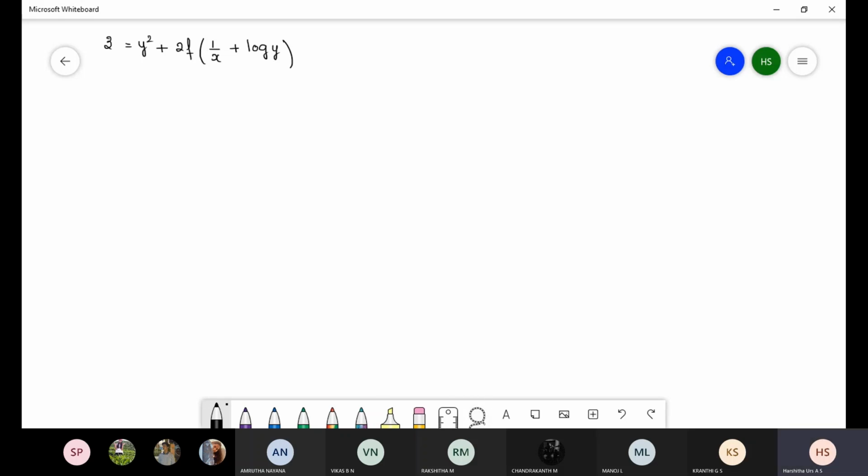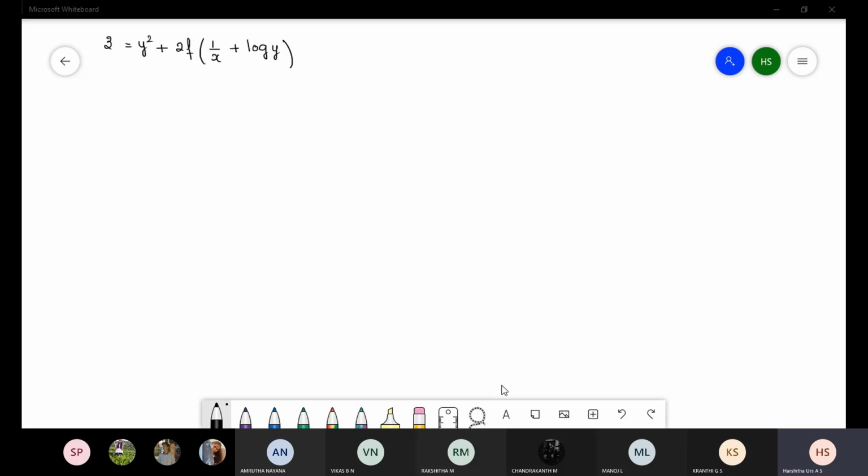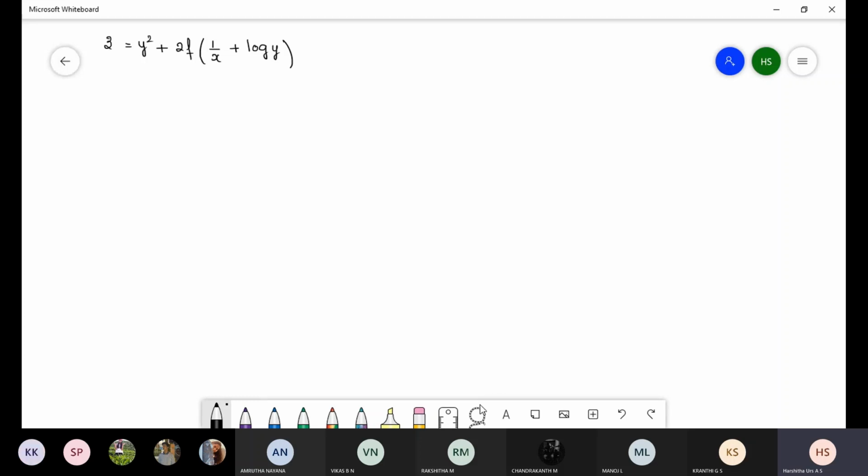So as I told, once again we have to write the given question as: let z is equal to y square plus 2f of 1 by x plus log y. Consider this one as equation 1.